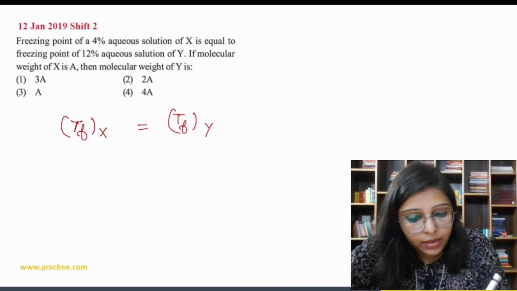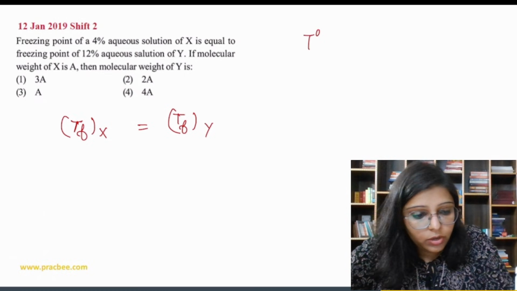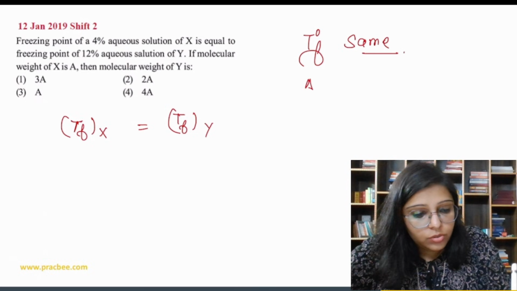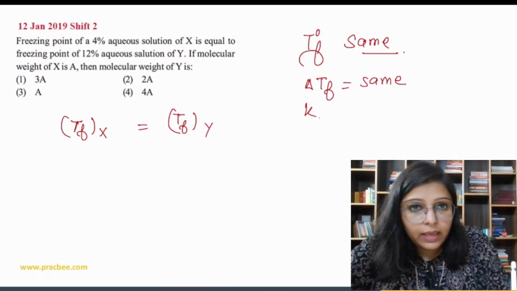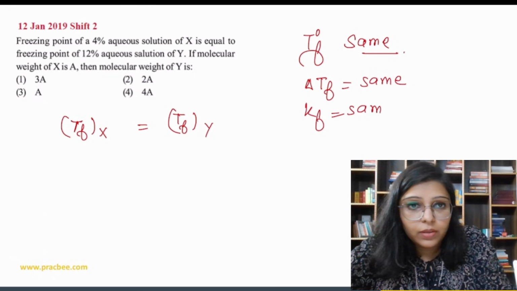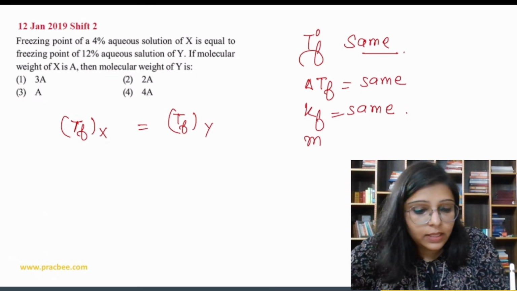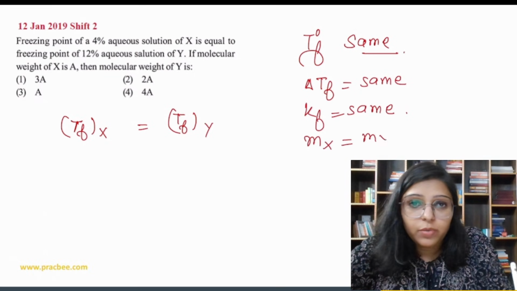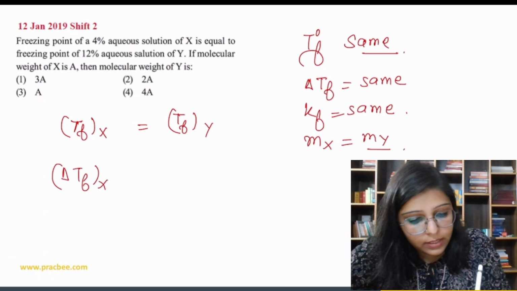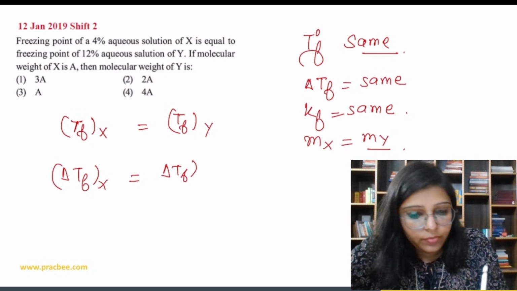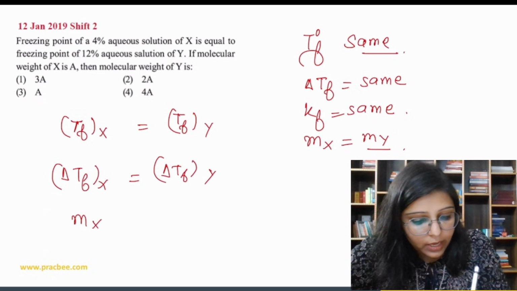So Kf we can cancel out. T naught F is the same, so delta Tf is going to be the same. Kf is the same. So it means we can say that molality of X is equal to molality of Y. Right, so delta TfX is equal to delta TfY. It means molality of X is molality of Y.